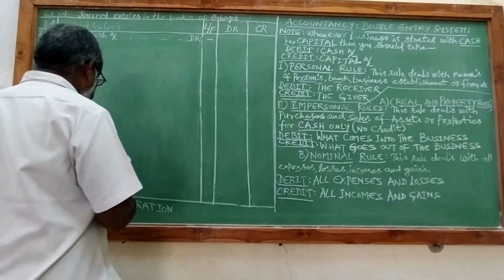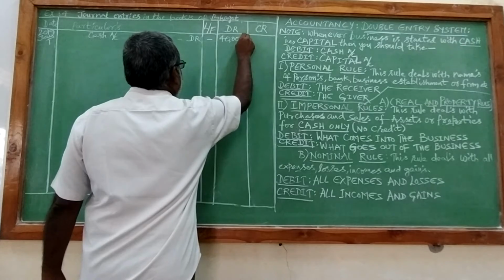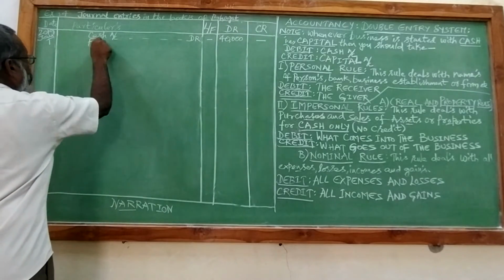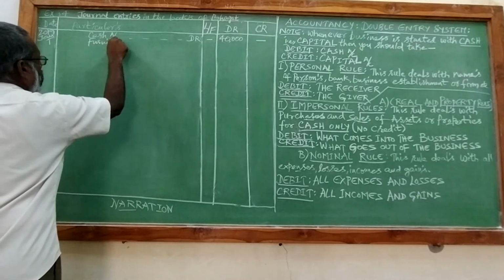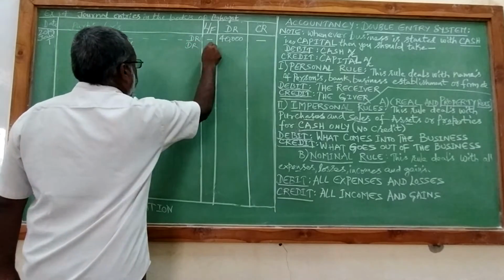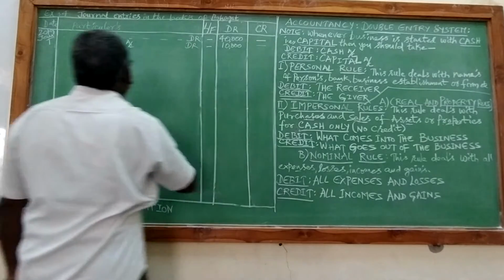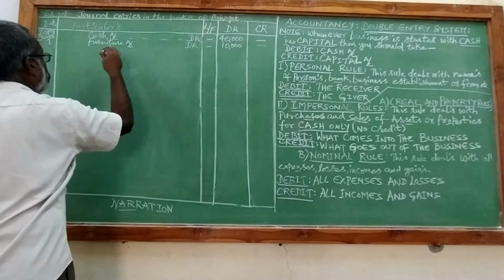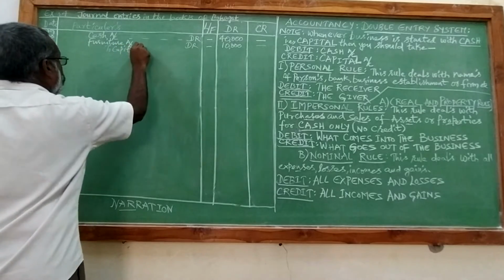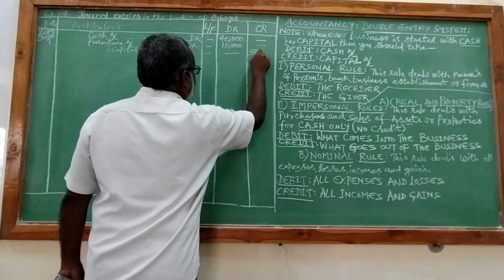Cash account, 40,000, and furniture of 10,000, to capital account, 50,000.